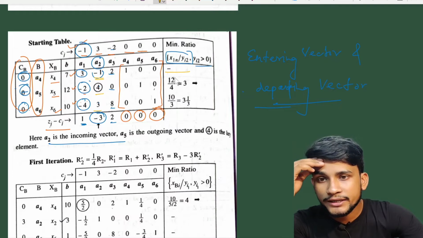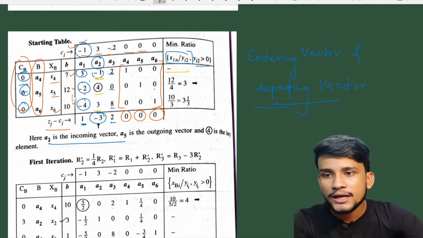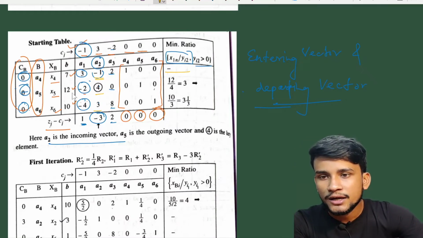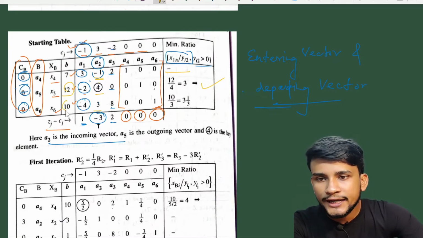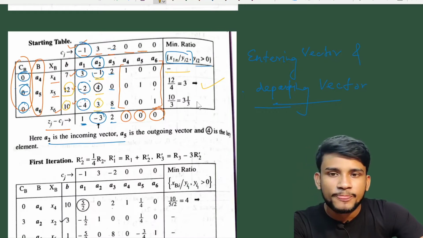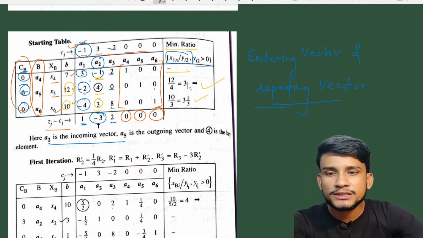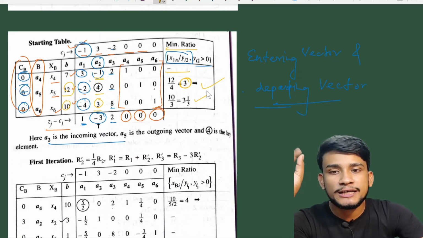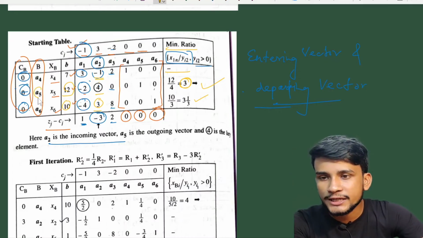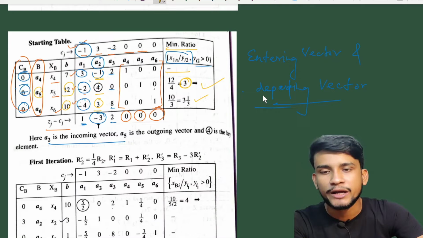So 7 by negative, we avoid; the second one is 12 by 4, which gives 3, and 10 by 3 is 10 upon 3. So the minimum of these ratios is 3, therefore the minimum leaves the basis. That means a5 leaves the basis.